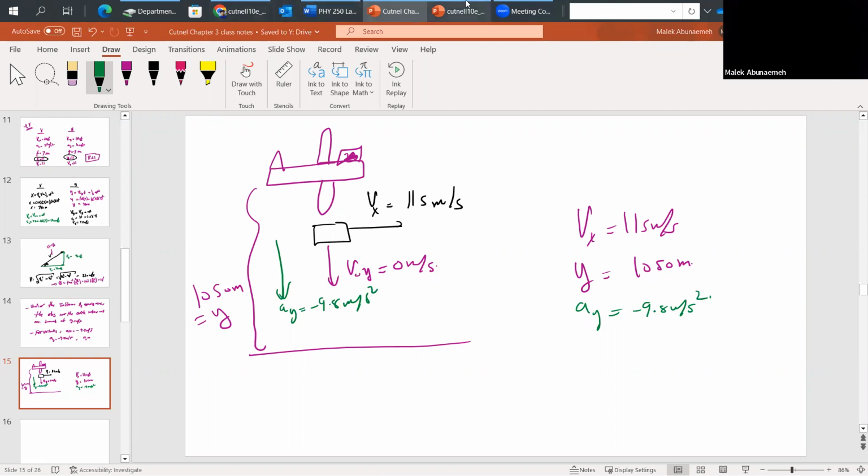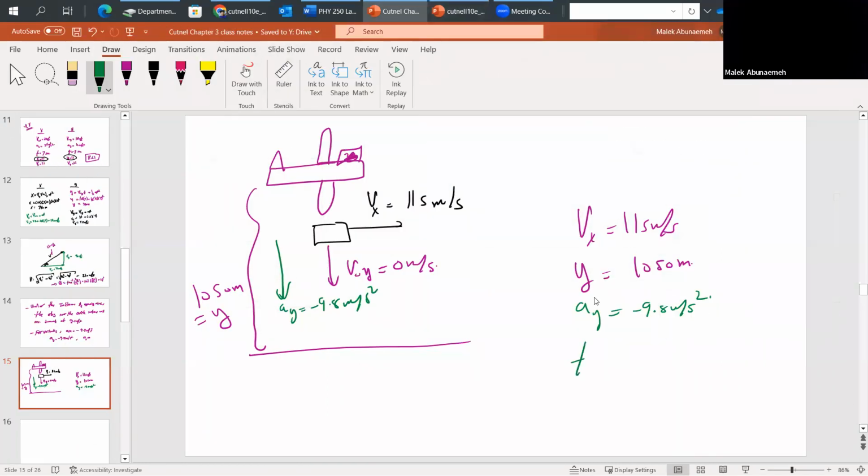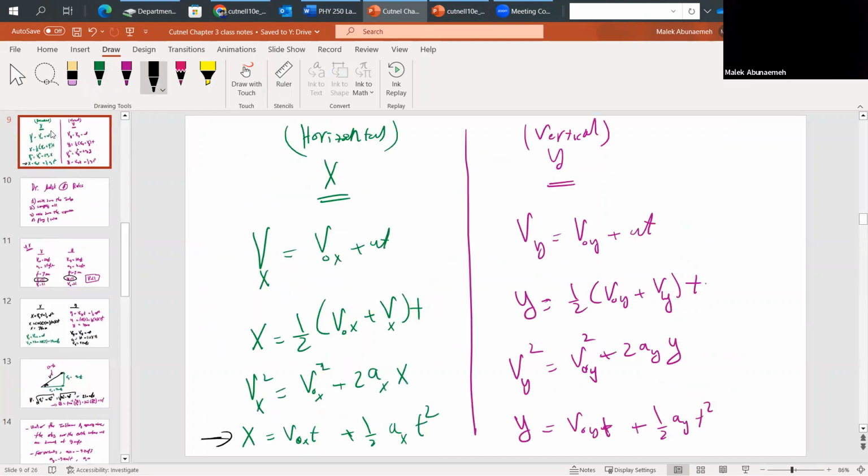And it's asking for the time required for the care package to hit the ground. So we're looking for our time, t, using our kinematic equation, the one that we're going to be using. The only one we don't have is the final velocity for y. So we cannot use this one that has a final velocity. We cannot use this one. We cannot use this one. So that means we have to use this one.